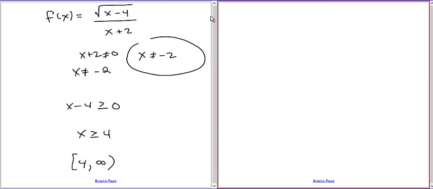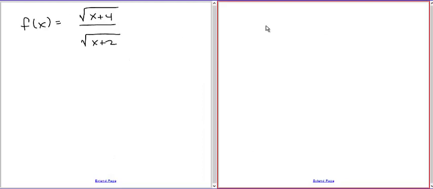And then the final scenario is if you had square roots in both the numerator and the denominator. So let's have the square root of x plus 4 over the square root of x plus 2. And we'll also do the opposite, which is f of x is the square root of x plus 2 divided by the square root of x plus 4.